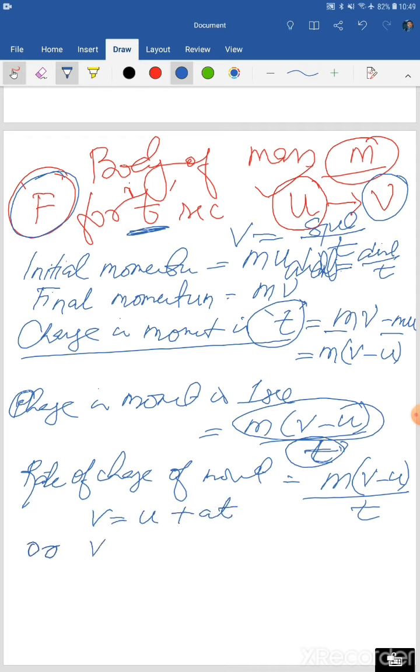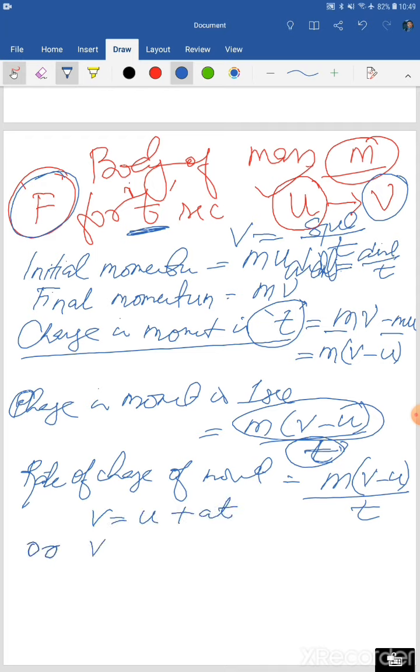But Newton's second law of motion tells us about the quantitative nature of force. Quantitative nature means, to make a body which is in rest move, to set it in motion, or a body which is in motion to bring it into rest, how much force is needed?